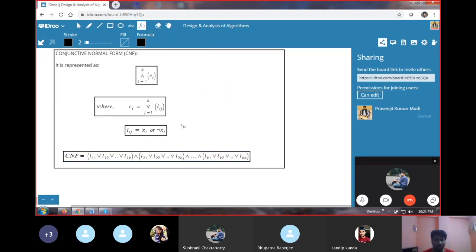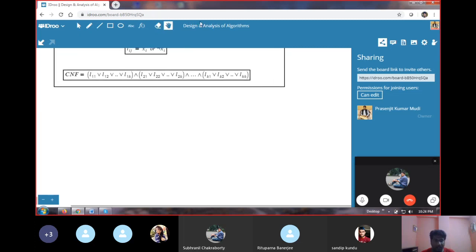So this is the form which is known as conjunctive normal form, and we want to find whether a given assignment is satisfying this given conjunctive normal form propositional formula. That's why this is a very popular problem, conjunctive normal form satisfiability.